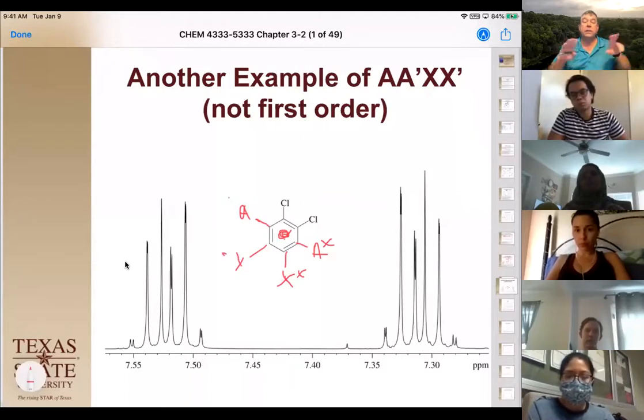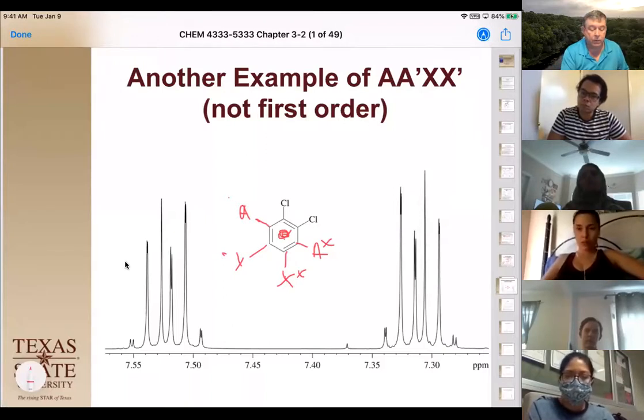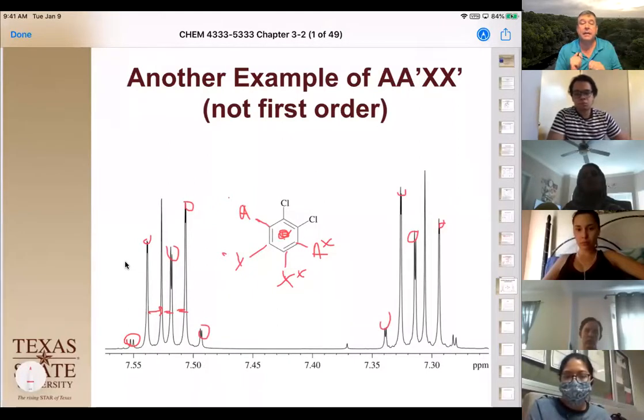And so we split from our classical meta pattern to give this additional thing. Notice the coupling constant difference between the primary or first order, which is the big peaks here, and then we have a secondary splitting here, which is a much smaller 1 or 2 hertz. You get that secondary splitting.